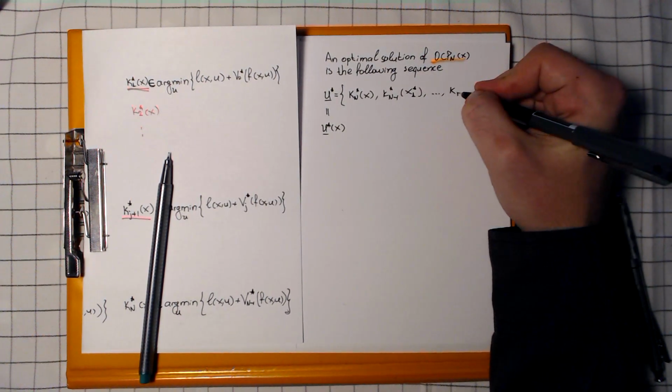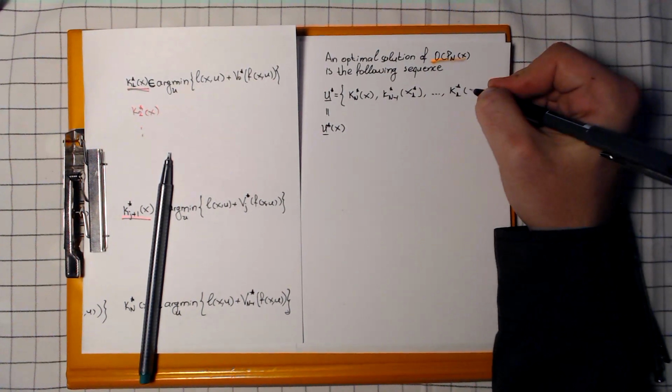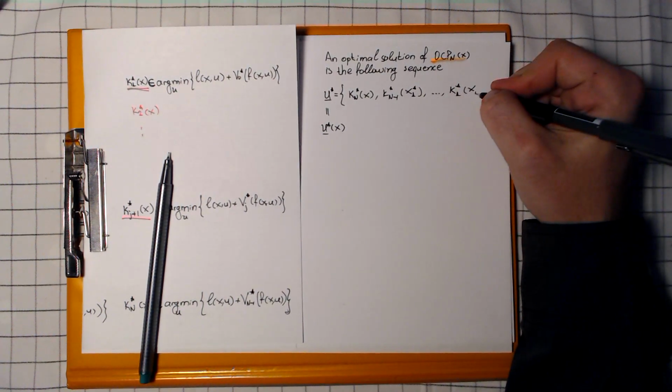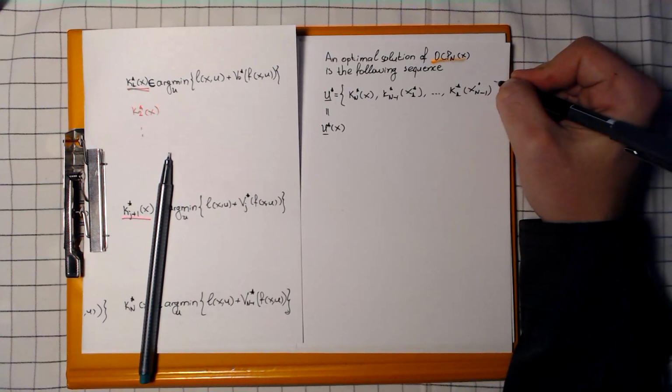And the last one will be kappa 1 star of x, that will be n minus 1 star.